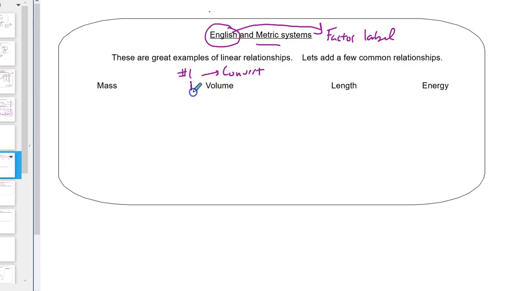It really is, can I master this process? I need to make sure I can set up a plan, first using my equivalencies, and then I just need to be able to execute the plan.